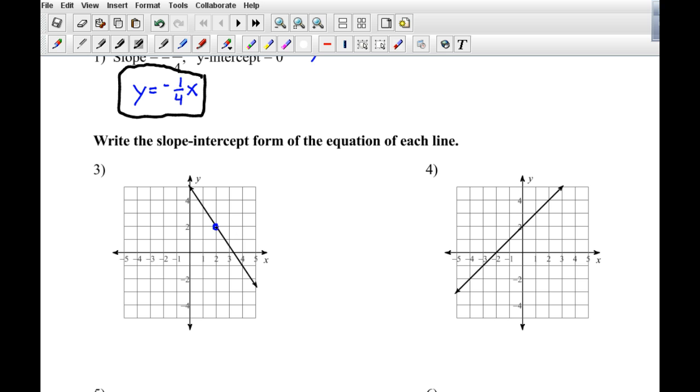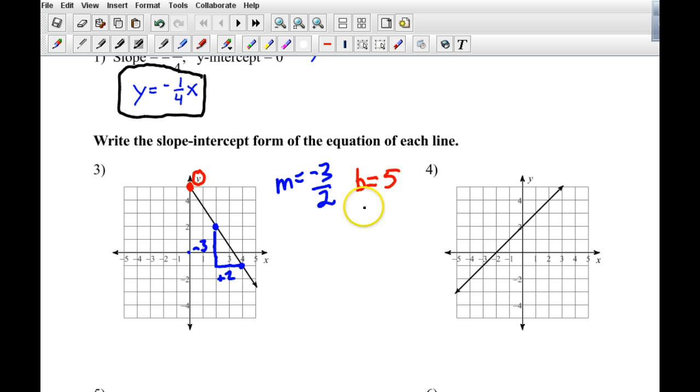Okay. Here, same thing as yesterday. Pick any 2 points, find the slope. So we have to go, what, down how many? Down 1, 2, 3, and right 2. So negative 3 over 2. But now you have to include the y-intercept. Where is it across the y-axis? At what number? Positive 5.